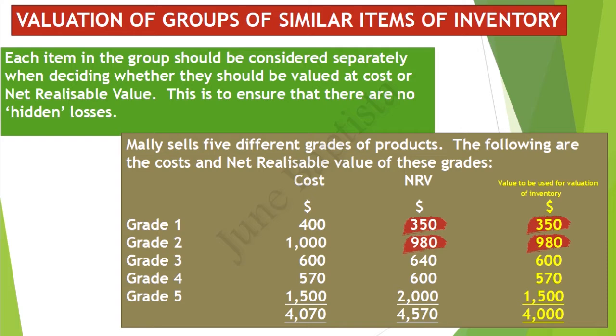Grade 3 will be valued at $600, which is the cost and is less than the net realizable value of $640. Grade 4 will also be valued at cost of $570, which is less than the net realizable value of $600.